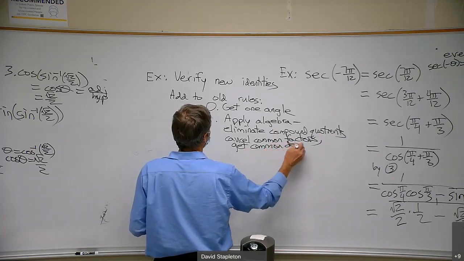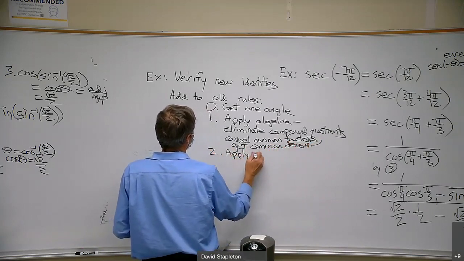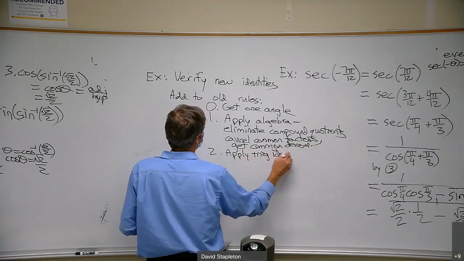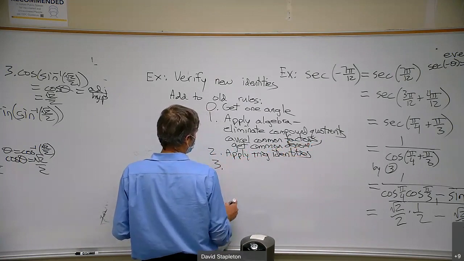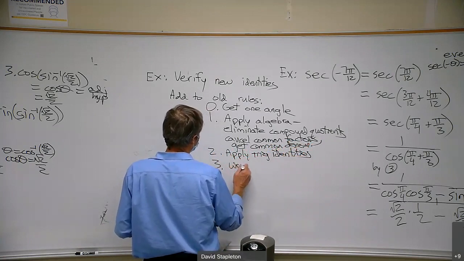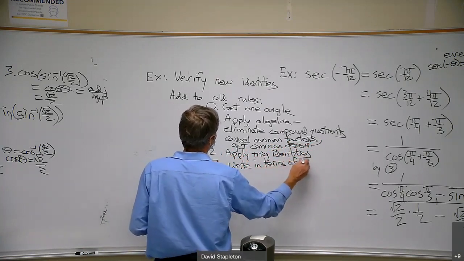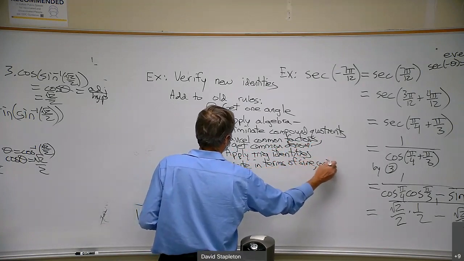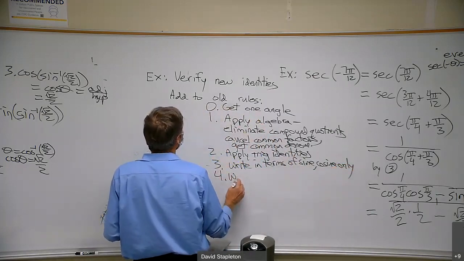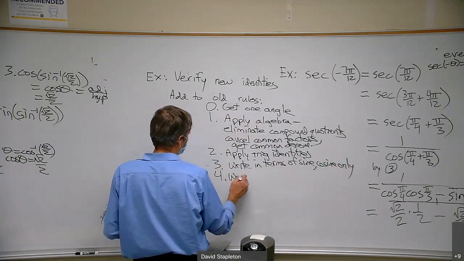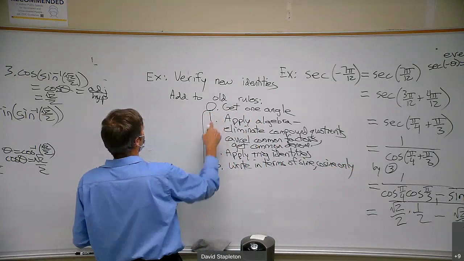Those three things you use a lot. Then you apply a trig identity. Simplify. And then finally, you can write in terms of sine and cosine only. And for an equation, you work both ends to the middle. But these were the three simplification rules I had before. So I'm going to add this one rule here.